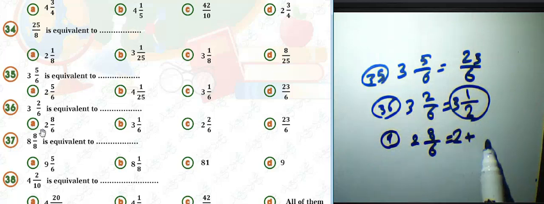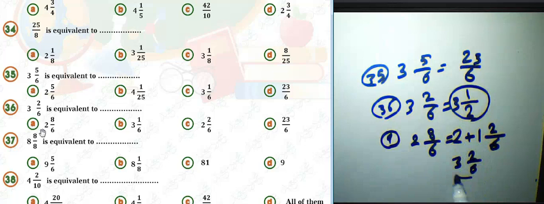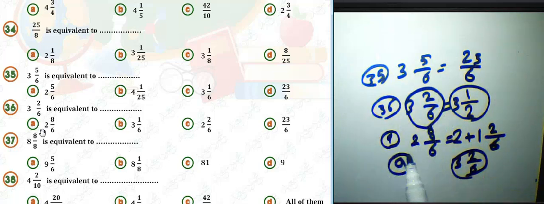So we can write 2 here and write 6. 8 divided by 6 equals 1 and remainder 2, and then we can add them. The result will be 3 and 2 over 6. It's like the question. Okay, so we must choose letter A about question 36. It's very important, this question. Okay, question 36, choose letter A.